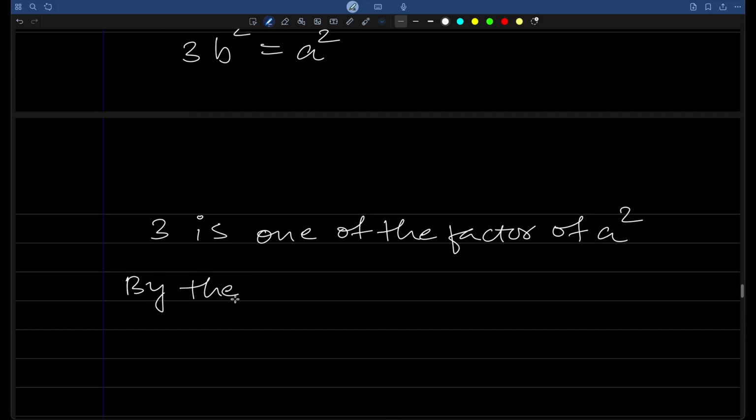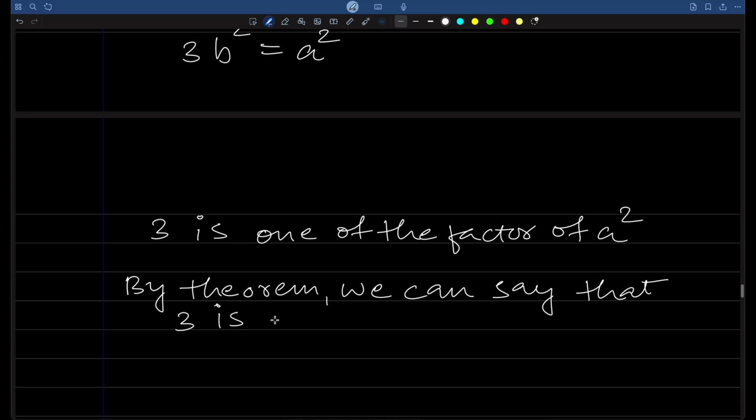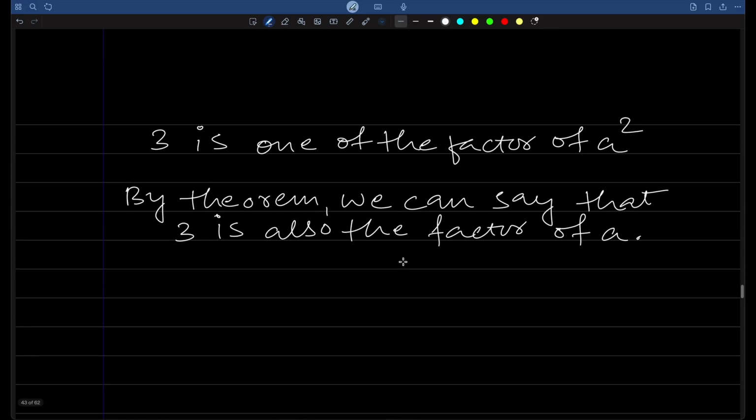By theorem, we can say that 3 is also a factor of a.